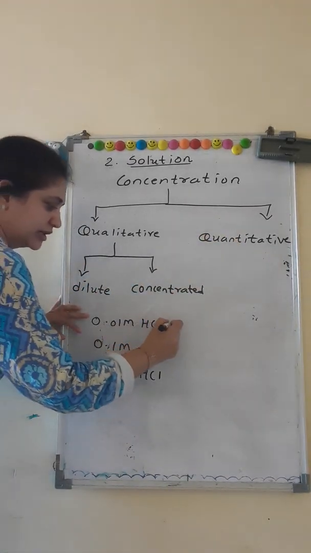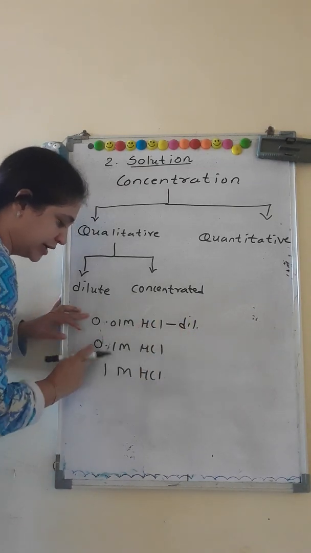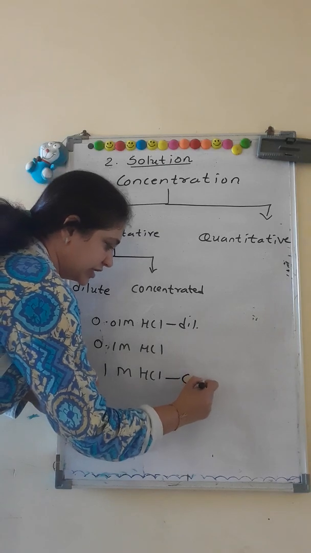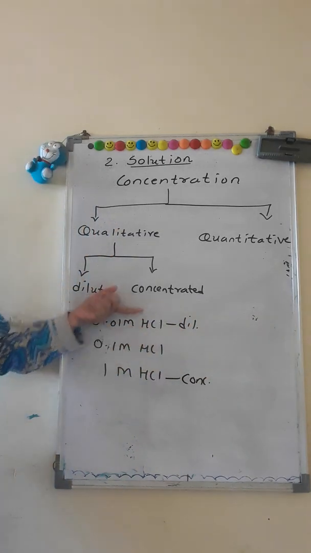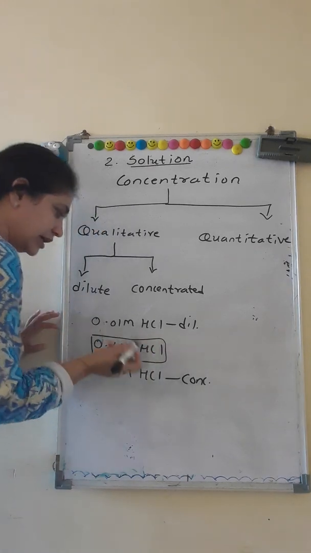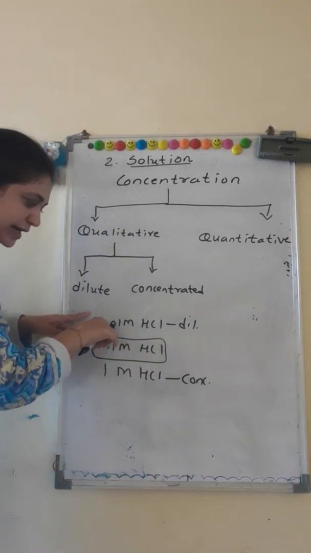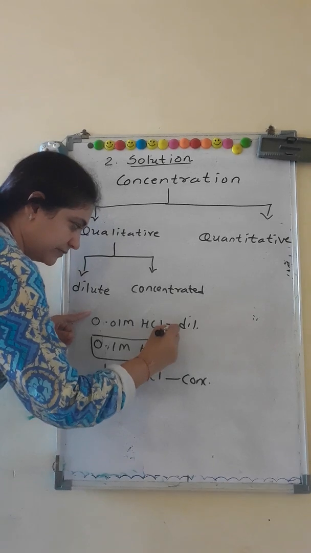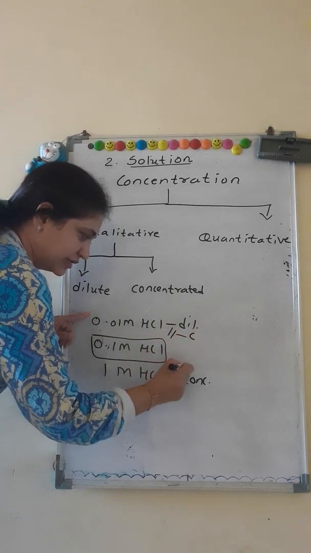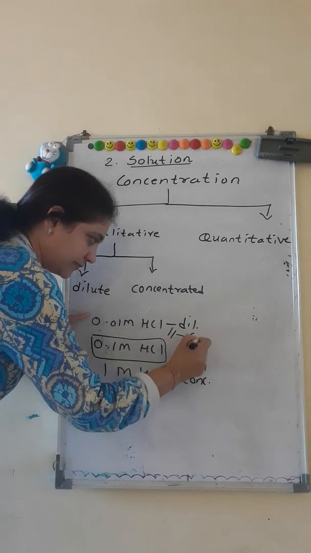Then this particular solution is dilute as compared to both of these. This particular solution is concentrated as compared to both of the above solutions. But the middle one is concentrated as compared to this, and as compared to this it will be dilute.